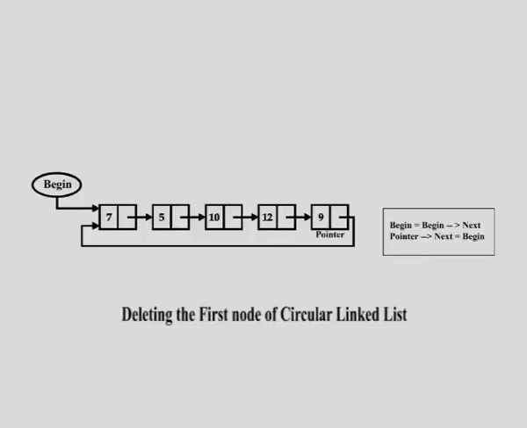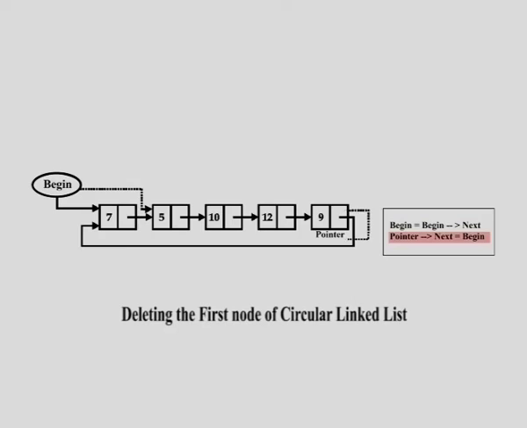So, here is an example to explain the deletion of first node of circular linked list. Consider the following figure. In this figure, the first node containing element 7 is to be deleted. To delete this node, first the pointer variable begin will hold the address of second node, that is begin is equal to begin's next.